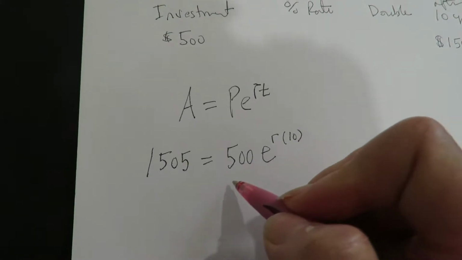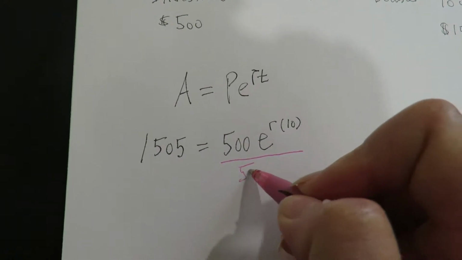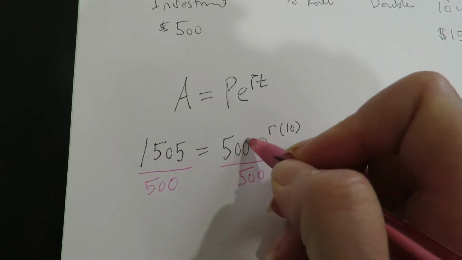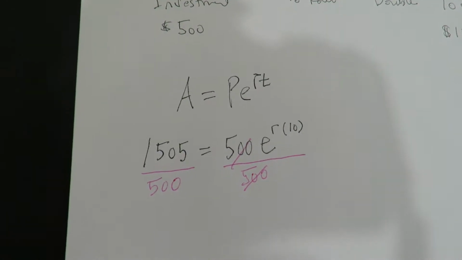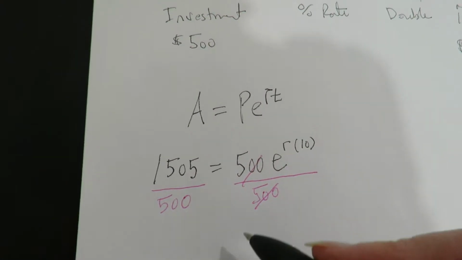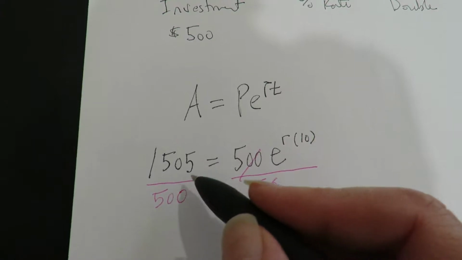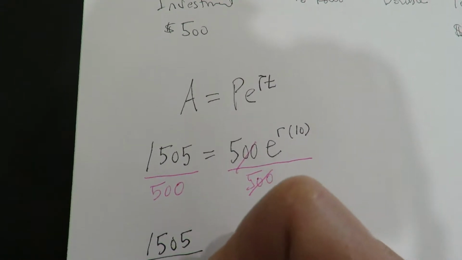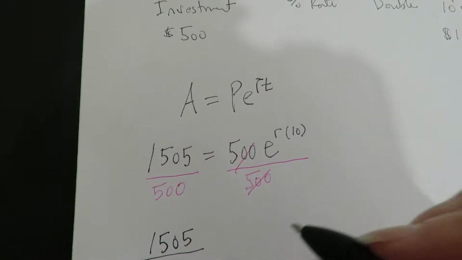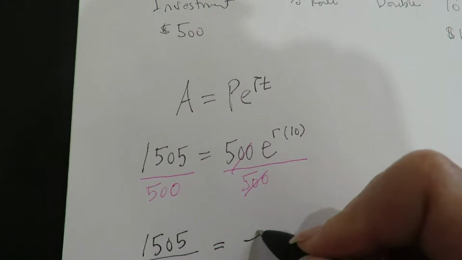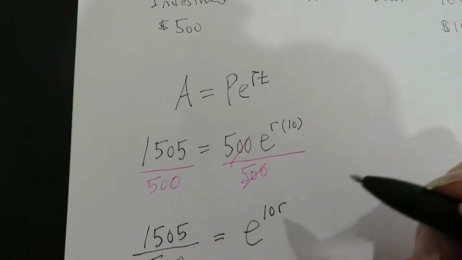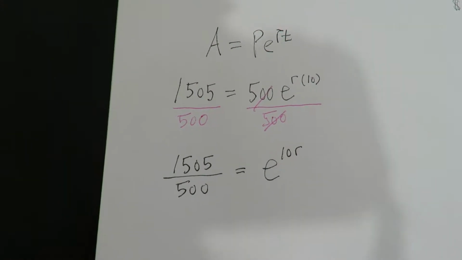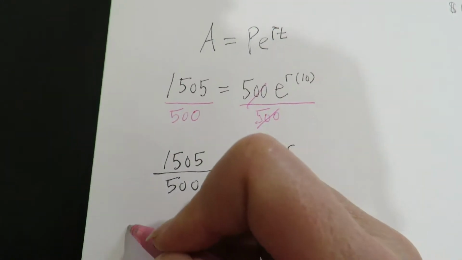The first step is going to be to isolate the exponential, so you have to divide off the 500. Some of you may reduce this, some of you will leave it like this. It's just up to you, your preference. Now we can take the ln of both sides.